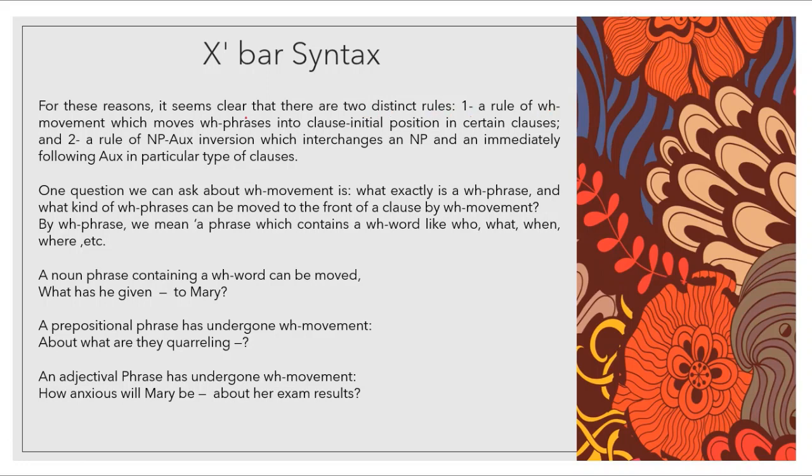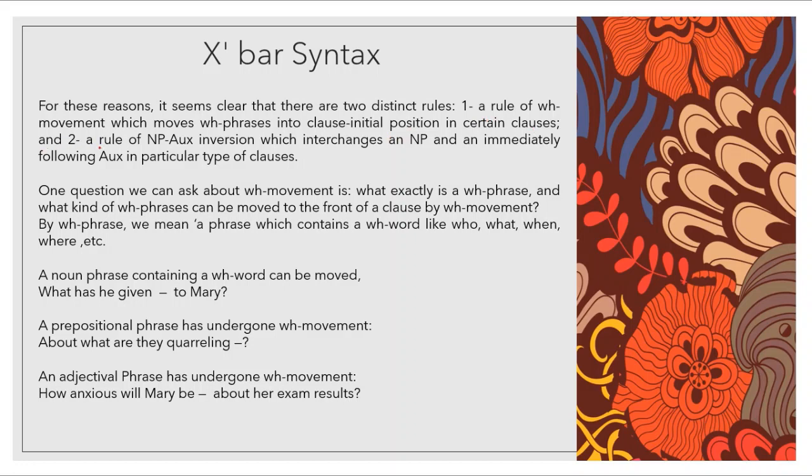One, a rule of WH movement which moves WH phrases into clause initial position in certain clauses. This is the first case, this WH movement carries the WH questions. Like when we say which car, it is considered a WH phrase, because it's a noun phrase, but we have the WH word which attached to the phrase and it becomes a WH phrase. It moves to the initial position, meaning the beginning of the clause.